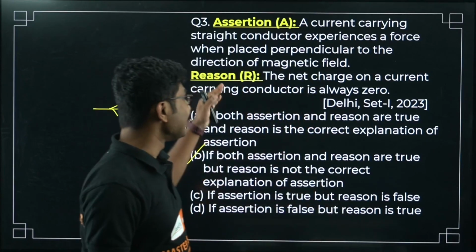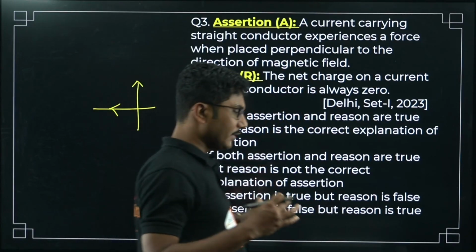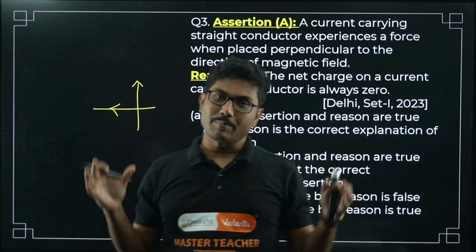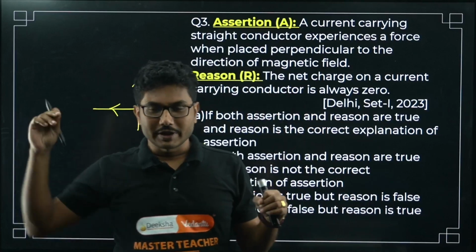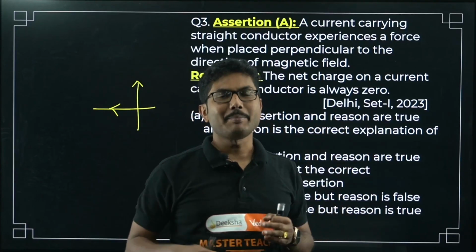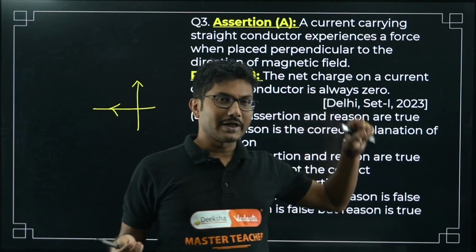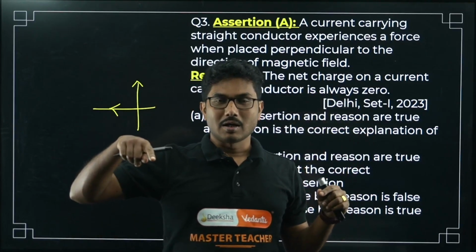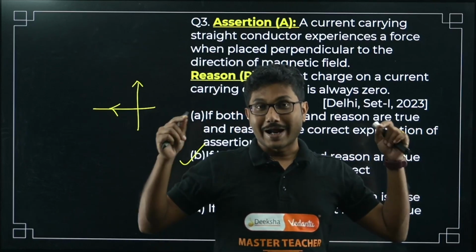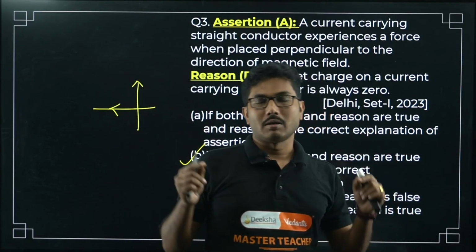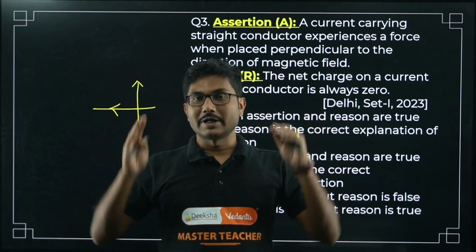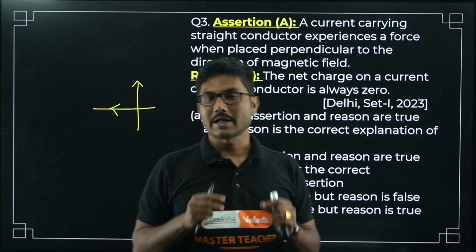Now why is this true? Because if you consider a conductor and you apply a potential across it, the charges inside the conductor will be accelerated in a particular direction. The number of electrons being supplied by the external voltage will pass through to the other side. So at any point of time, the total number of electrons and protons present inside the conductor will remain constant.